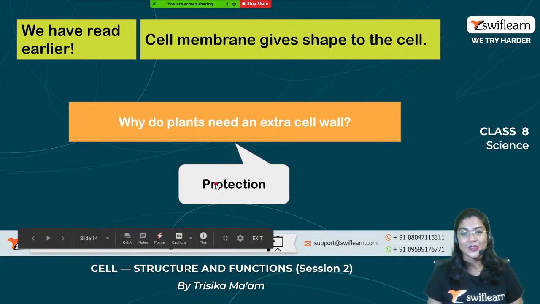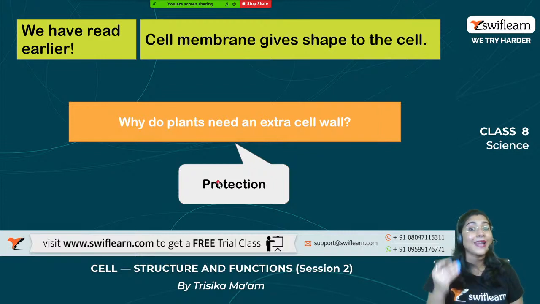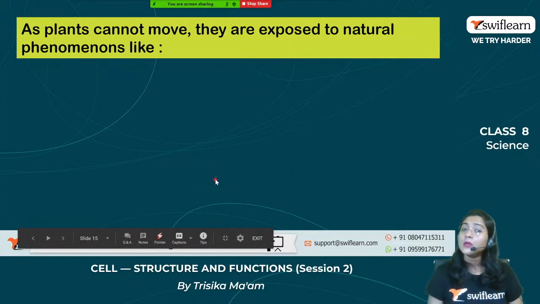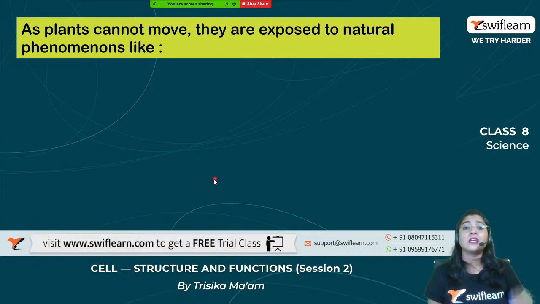Okay, so let us see why they need such protective measure or the cell wall and extra covering. As we already know, the plants cannot move from one place to another, and they are so much exposed to all the different natural phenomena, right?